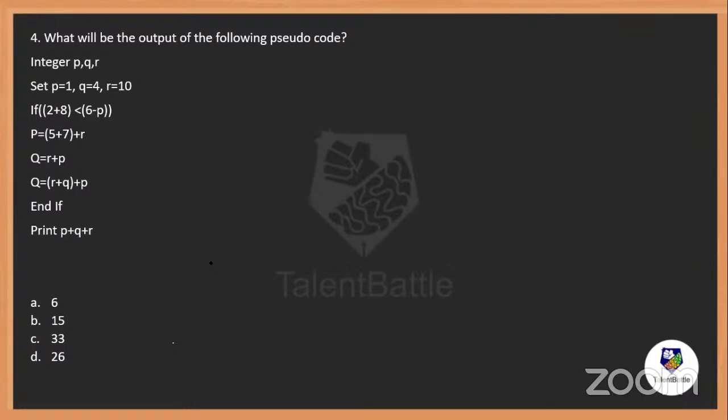What will be the output of the following pseudocode? Integers P, Q, R are given. The value of P is equal to 1, Q is equal to 4, and R is equal to 10.